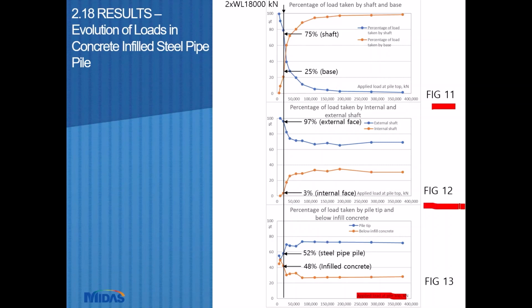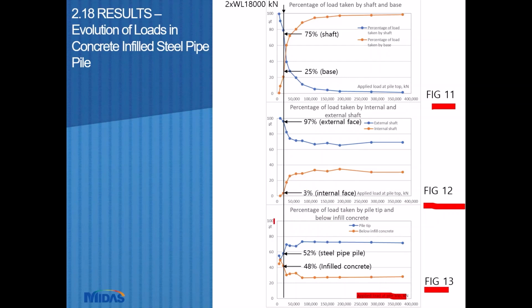And in figure 12, roughly 97% of the load is shared by the external face of the steel pipe pile, compared to only 3% taken up by the inner face of the steel pipe pile.